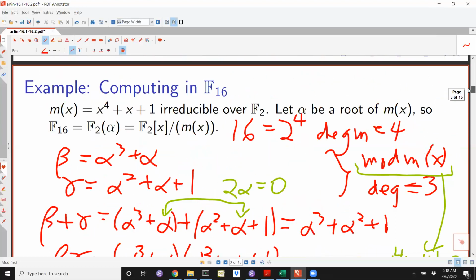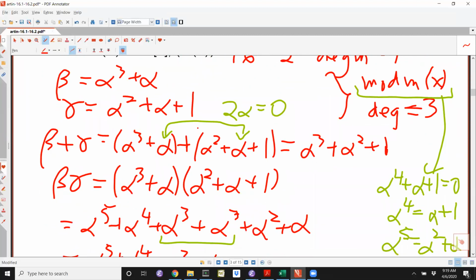Irreducibility is important for that fact to hold. So as long as m of x is irreducible, adjoining a root of m is exactly the same as taking polynomials and modding out by m. But other than that one technical point, that's true.